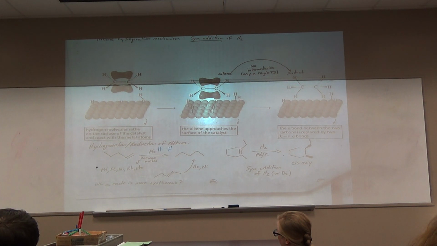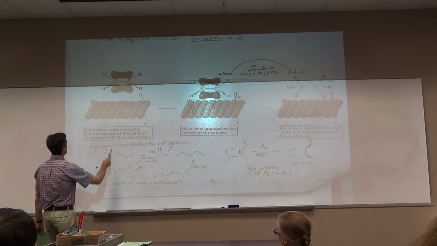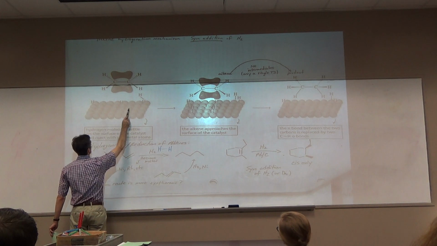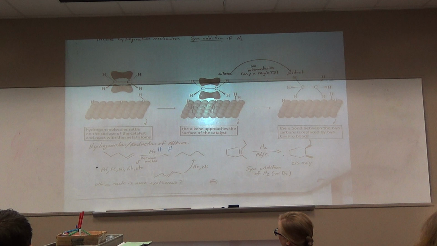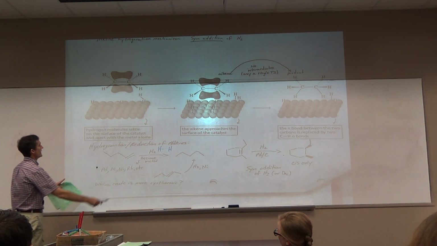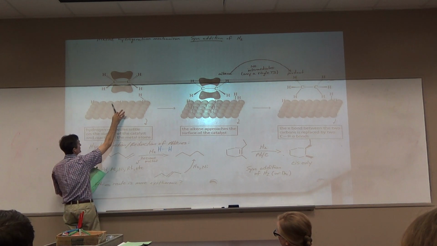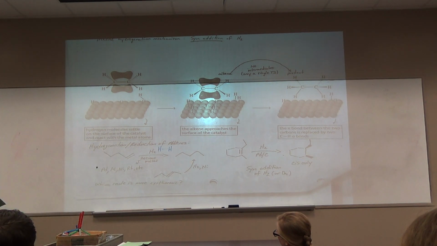This is not going to be a full mechanism. Mechanism is usually presented like this. Here's the metal surface. The hydrogen sort of absorbs to the metal. There's an interaction there. Okay, it's a little bit nebulous and not well defined. But the interaction leads to reactivity. The pi bond approaches all this, and the H's become like darts, and they shoot into the pi bond.